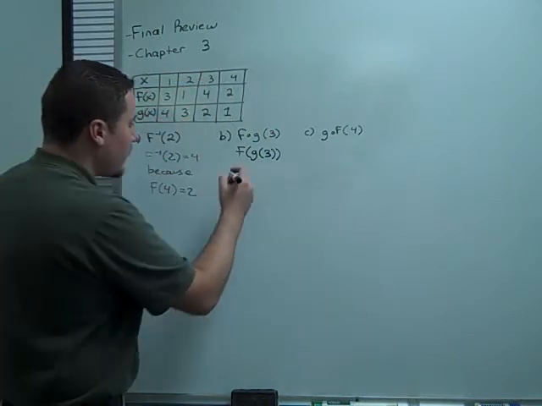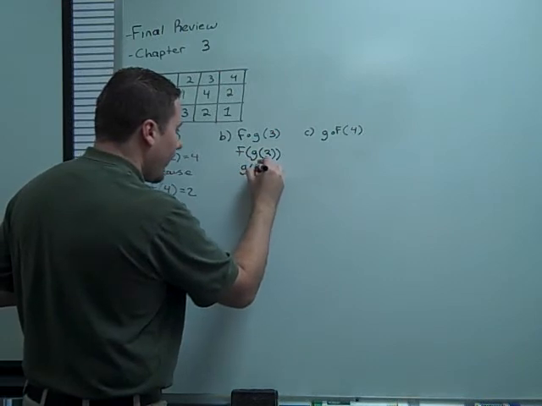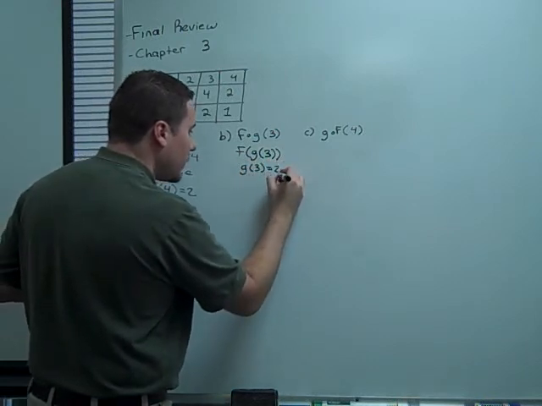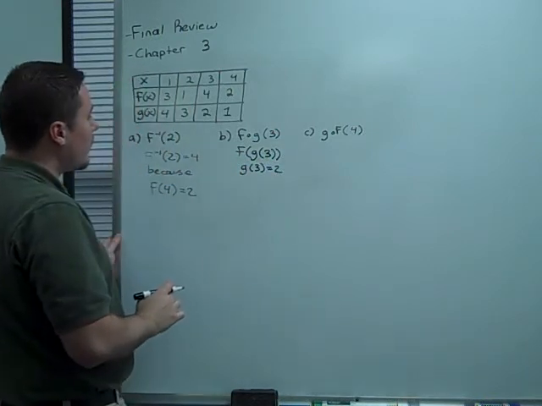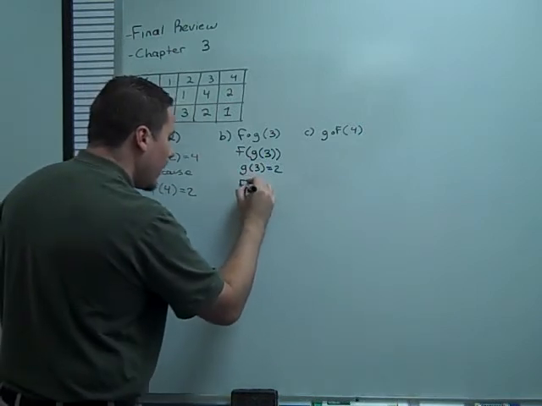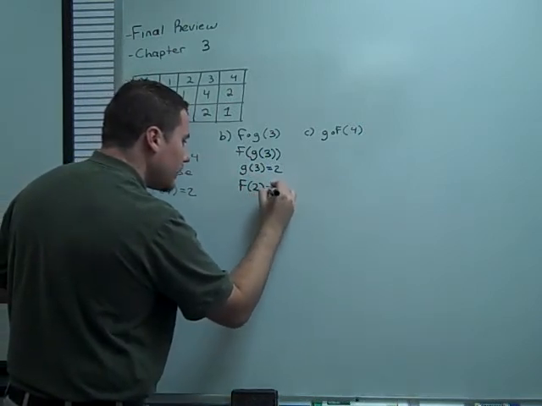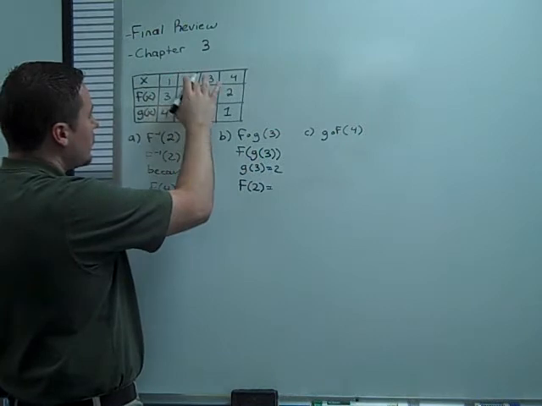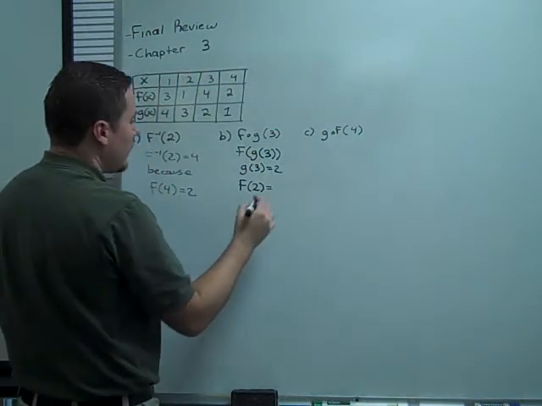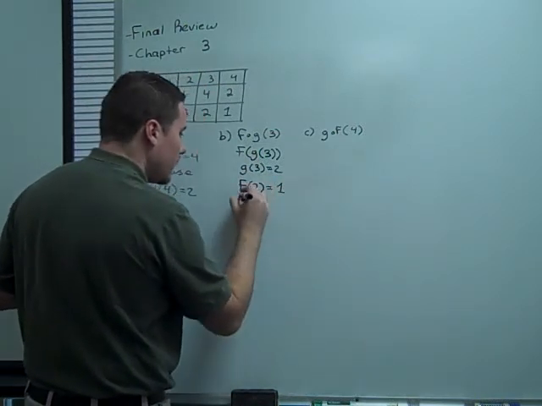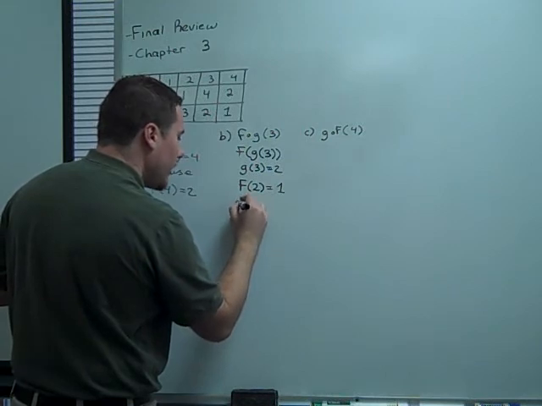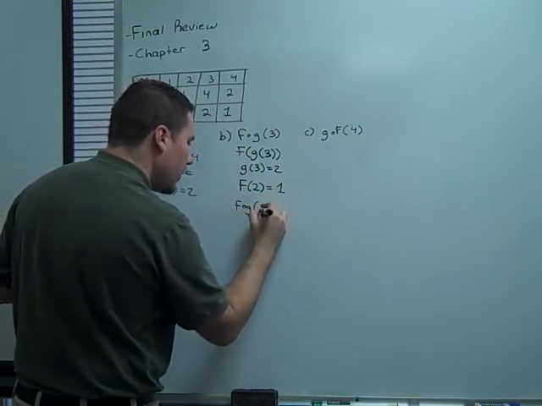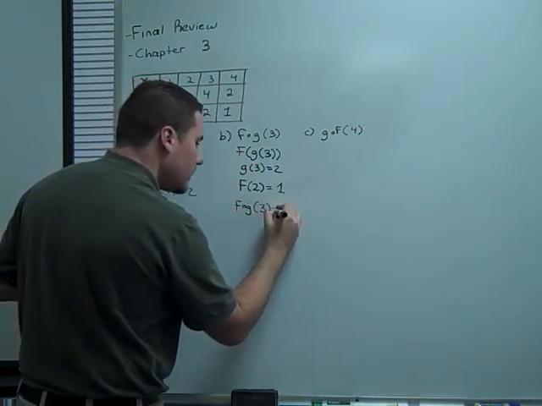And g of 3 is equal to 2. So this question is now, what is f of 2? Well, we go over to 2, we look down to the f line, and that gives us 1. So therefore, f o g of 3 is equal to 1.